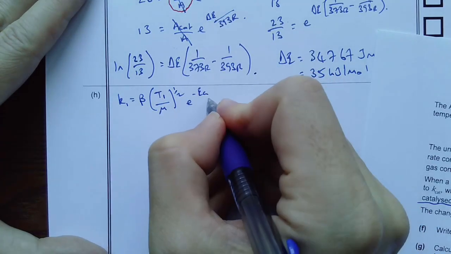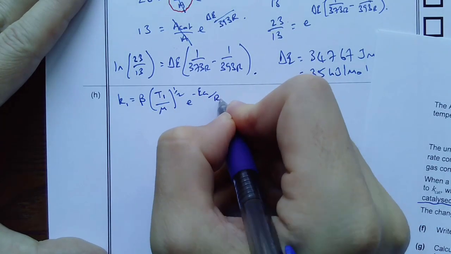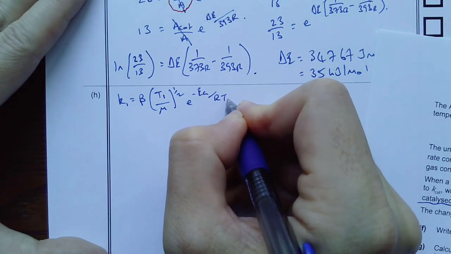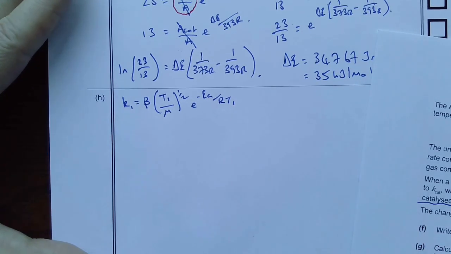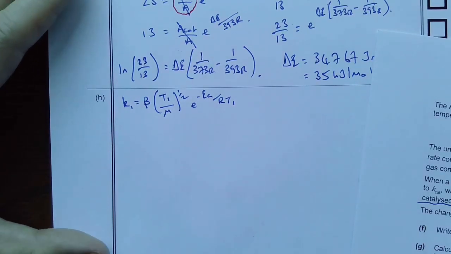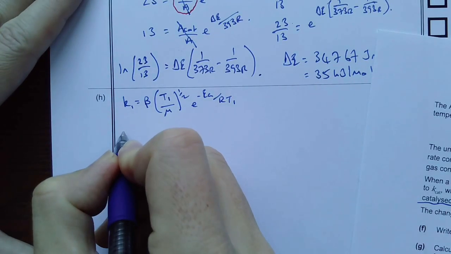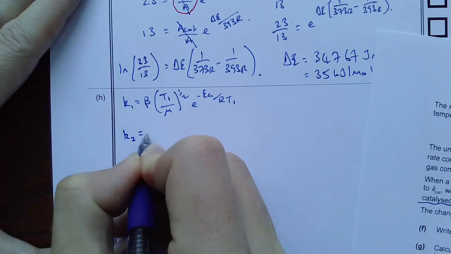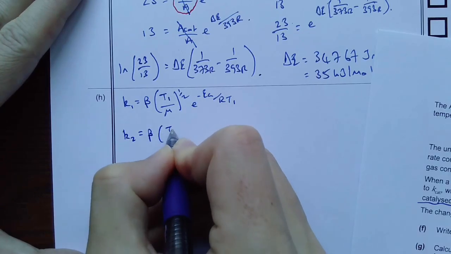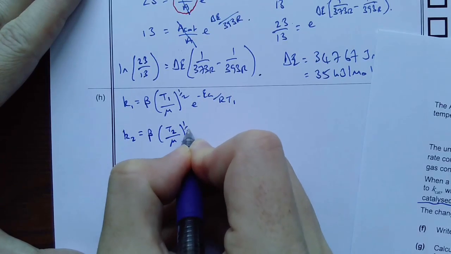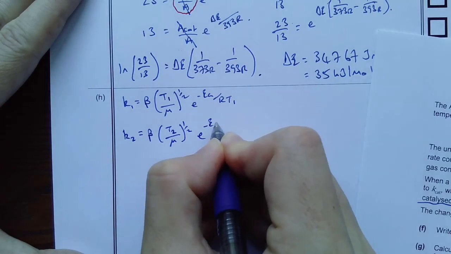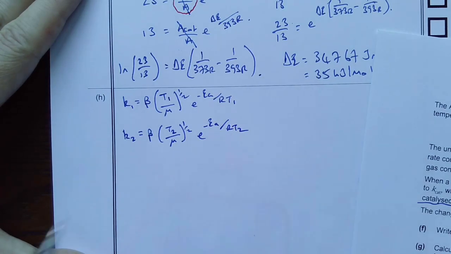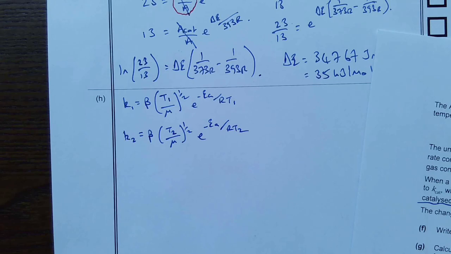So my activation energy stays the same, which might confuse you because earlier in the question we were changing activation energy, but earlier in the question we were dealing with a catalyst, and that will obviously change the activation energy. So now we've got K2 equals beta T2 over mu to the power of a half e to the minus EA over RT2. So those are my two equations.